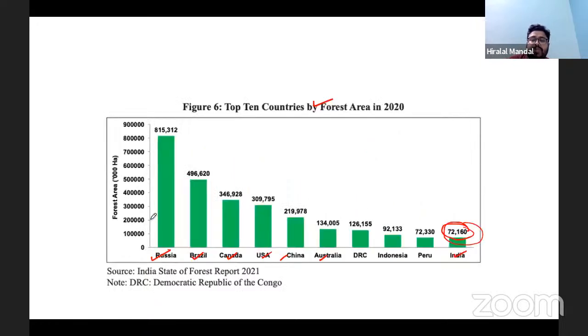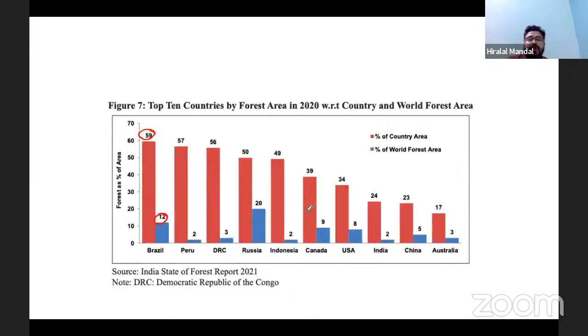So when it comes to the total forest area, you can see that it is Russia, Brazil, and so on that come in. But when it comes to out of the total land they have, how much area is forest area? All right.